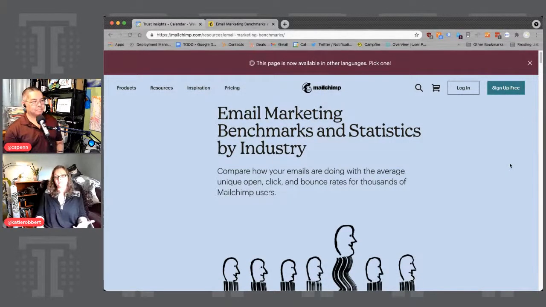My assumption is that they're only using their own data, and MailChimp does not own the market in terms of email marketing. They don't cover everybody. Therefore, the data is just a segment of the market, just their segment. So really, what this should say is email marketing benchmarks and statistics by industry that use MailChimp services.